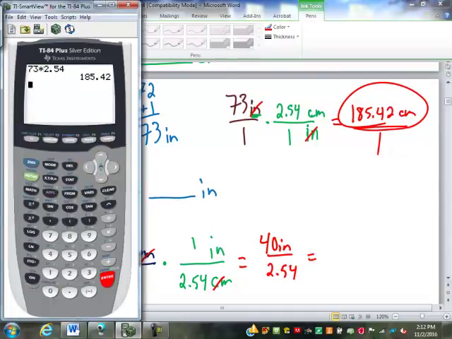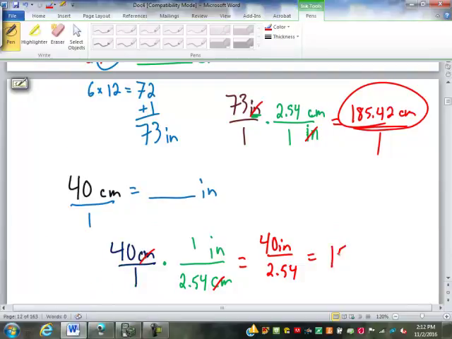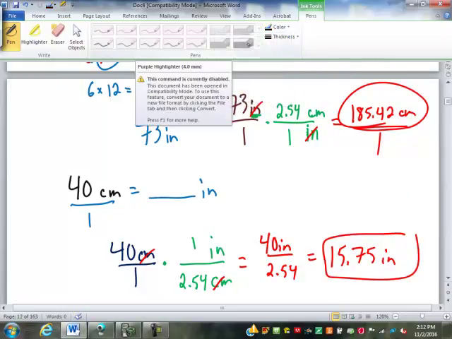So it's 40 divided by 2.54. We're at 15.75, we'll call it, inches. So 40 centimeter spacing is slightly less than our 16-inch spacing.